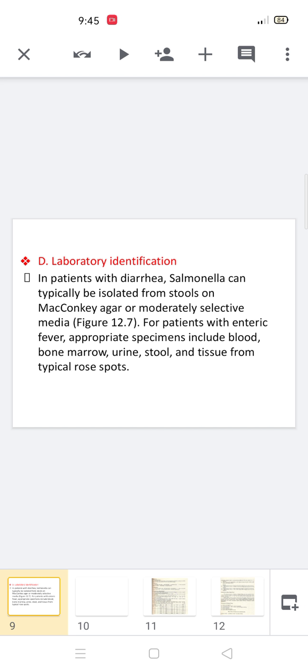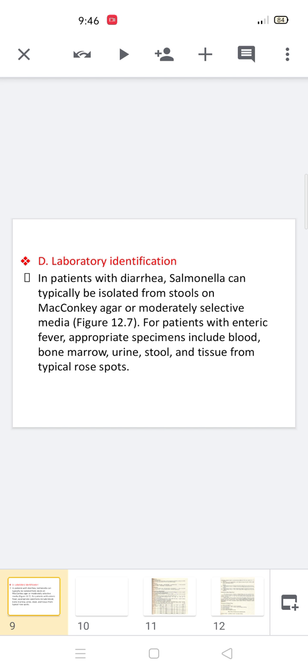So listen to this part carefully. In the lab diagnosis of typhoid fever, we use the blood and we perform serological tests for the confirmation of typhoid fever.